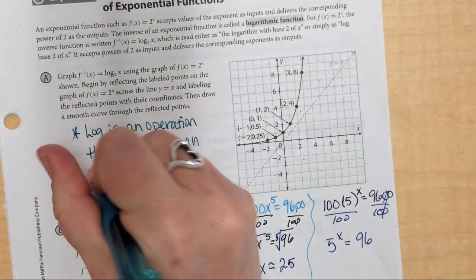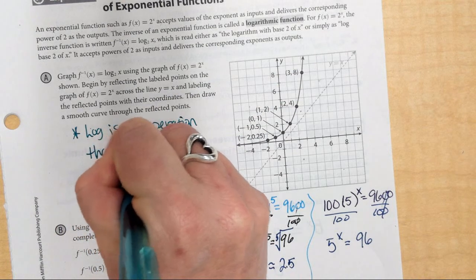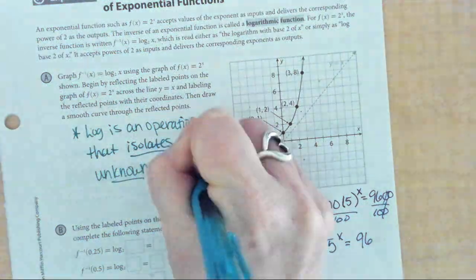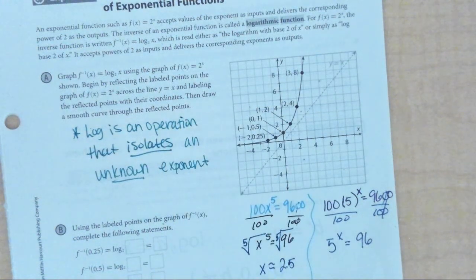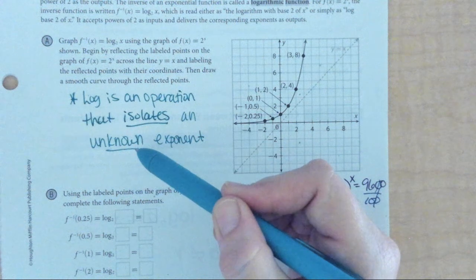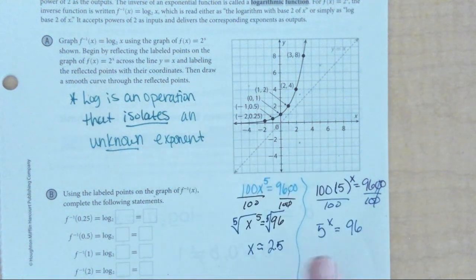It isolates an unknown, that's the point of using it, exponent. If you know your exponent, you can still use a log, but we usually use logs when we don't know the exponent. Like here, we don't know the exponent, so a log is going to come in handy in just a second.